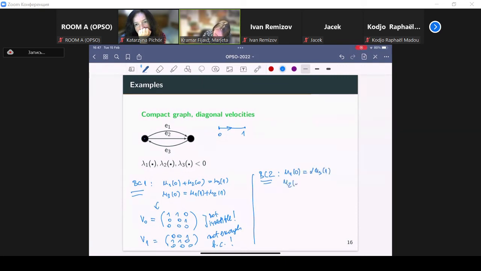And U2 in 0 is 1 minus alpha, if you want conservation, times U3 in 1. So everything that flows in here is divided, alpha goes here, and 1 minus alpha here. And then the third equation could be as before.